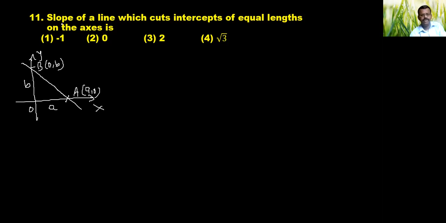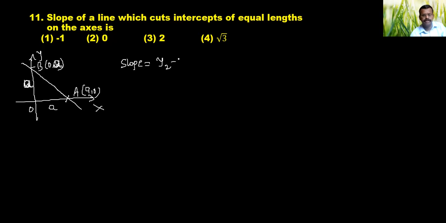The question is the slope of a line which cuts intercepts of equal length. When we say equal length, A equals B. That means instead of B, I have to write A, because the x length and y length should be the same. So the coordinates of B are (0, a). Now I want to find the slope. It is very simple. What is the slope formula?